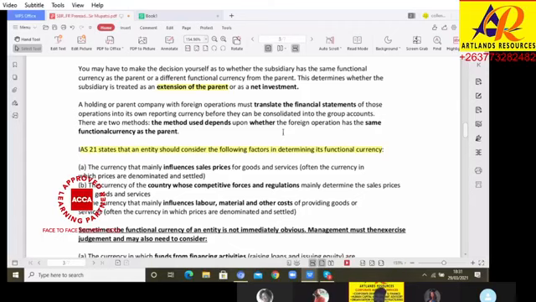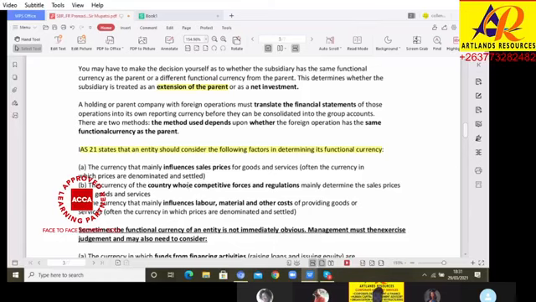You consider the currency that mainly influences sales prices for goods and services. That's A. B, the currency of the country whose competitive forces and regulations mainly determine these prices.